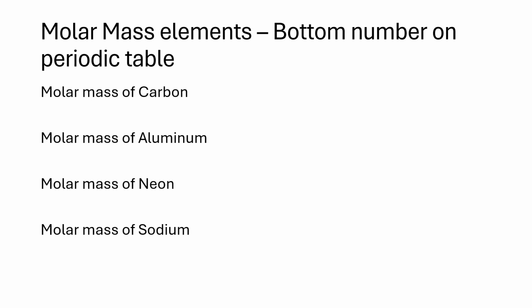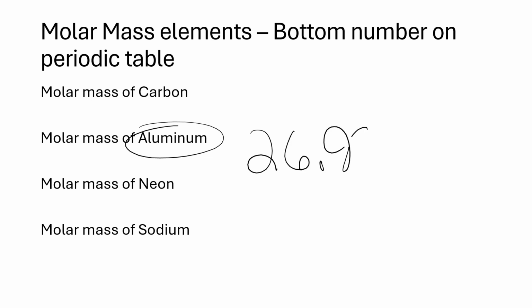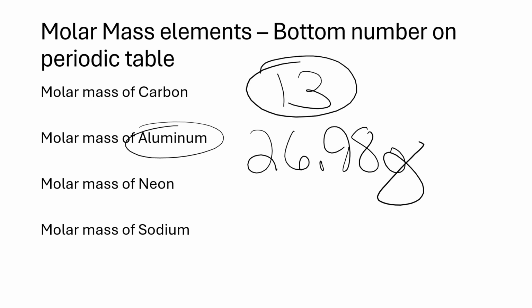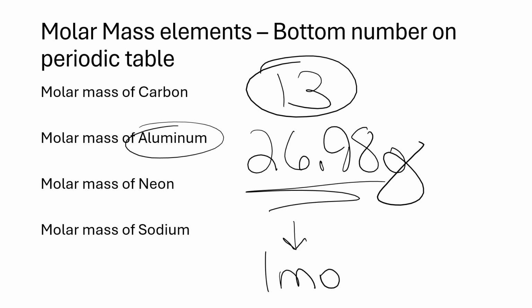So aluminum, if you were given 26.98 grams, and since you memorized the first 20, you know where aluminum is. You have 13, element 13. You have 1 mole of aluminum.